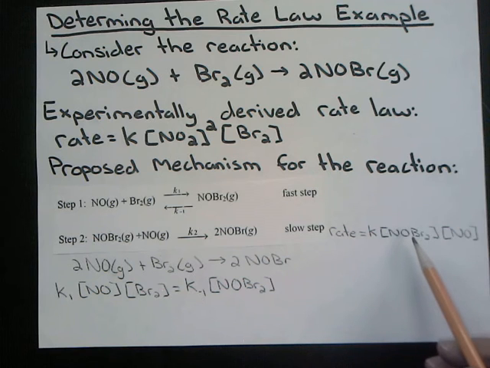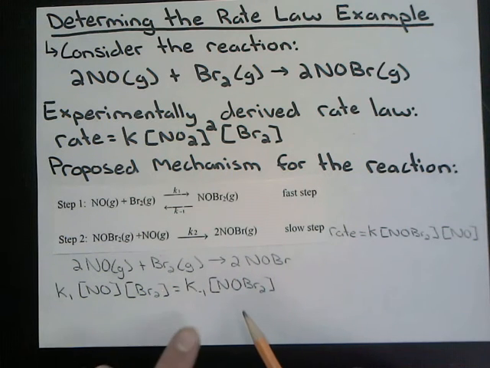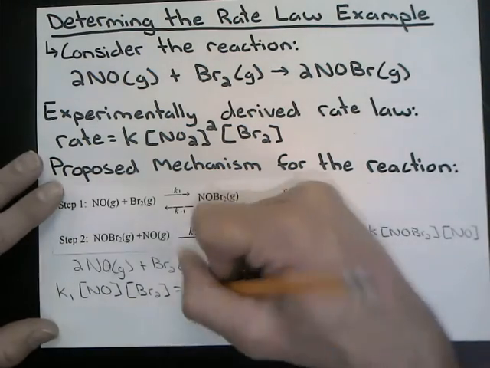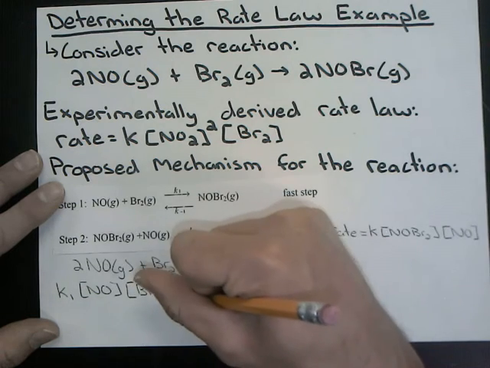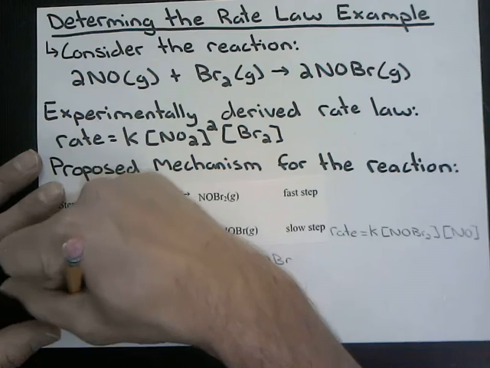So now I want you to think, okay, we've got to get rid of NOBr2, and we need to replace it with things that we have in our rate law. So we're going to do a little substitution, and we're going to solve for NOBr2. How do we do this? This K inverse is attached via multiplication, so we get rid of that via division.